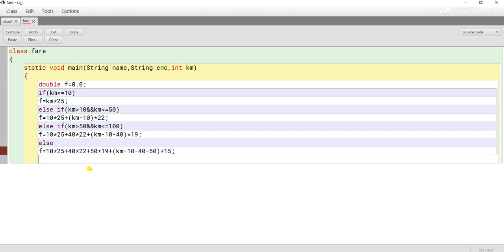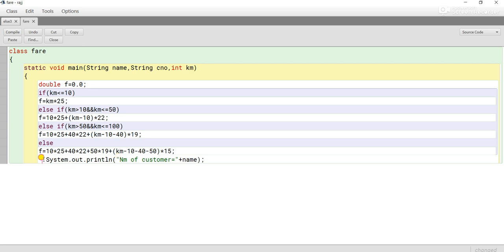Then finally we need to display, as in the previous program we used, the name of the customer. So I am giving name of customer is equal to, that is stored in the variable called name. This is the variable. And next, we gave the name of the customer.